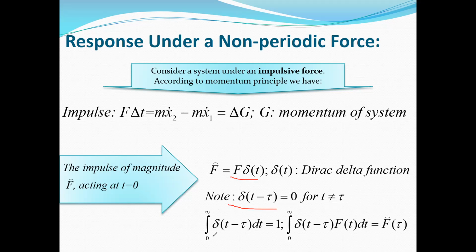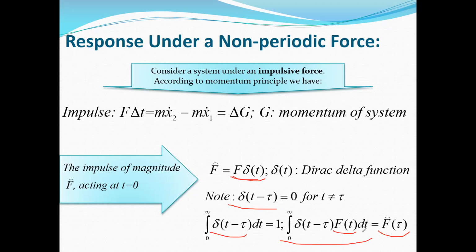So the integral of delta t minus tau from 0 to infinity is equal to 1. And if this function is multiplied by a function of time, the integral of delta t minus tau times f(t), where f(t) is a general function of time, dt from 0 to infinity, is equal to the value of the function f at t equal to tau.